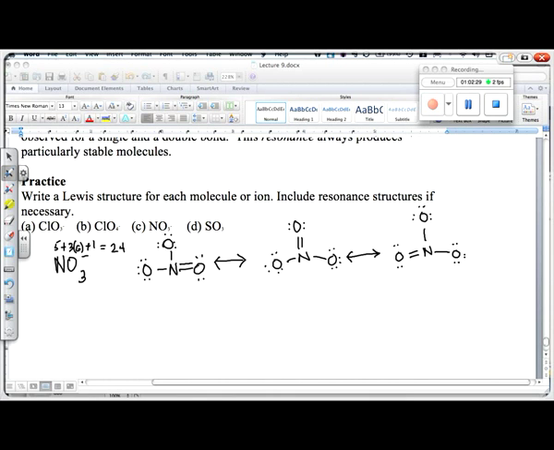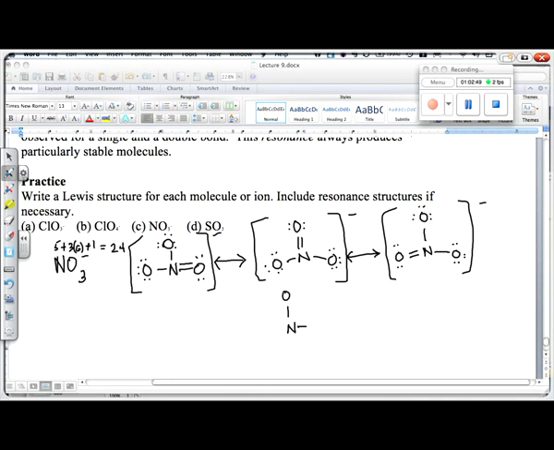so that they are essentially equivalent. One other way that we show, and I should be putting the brackets around because this is an ion, one other way to show resonance and to show this movement is to draw it like I'm about to draw it. So here are 3 resonant structures. Another way to draw it would be like this.